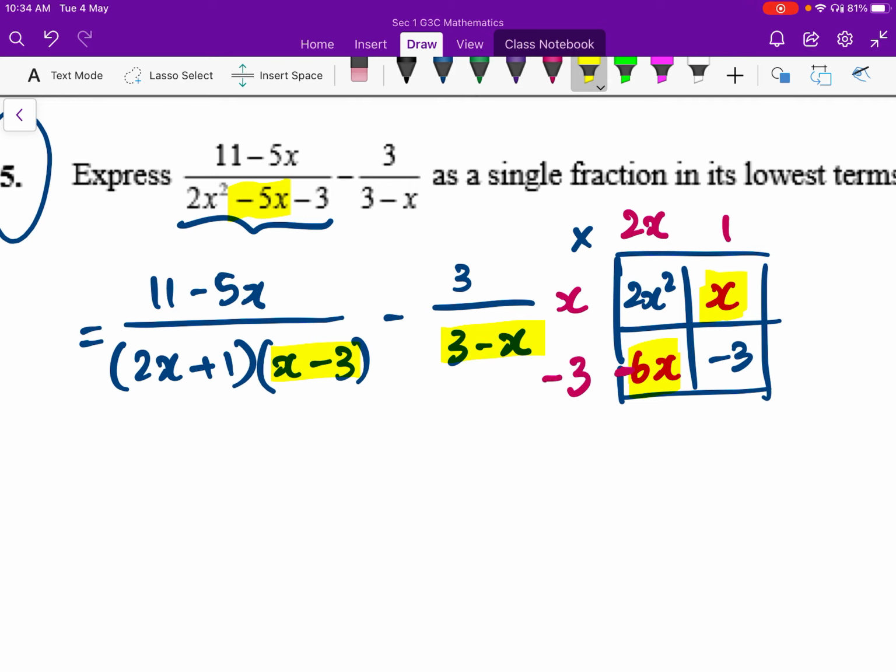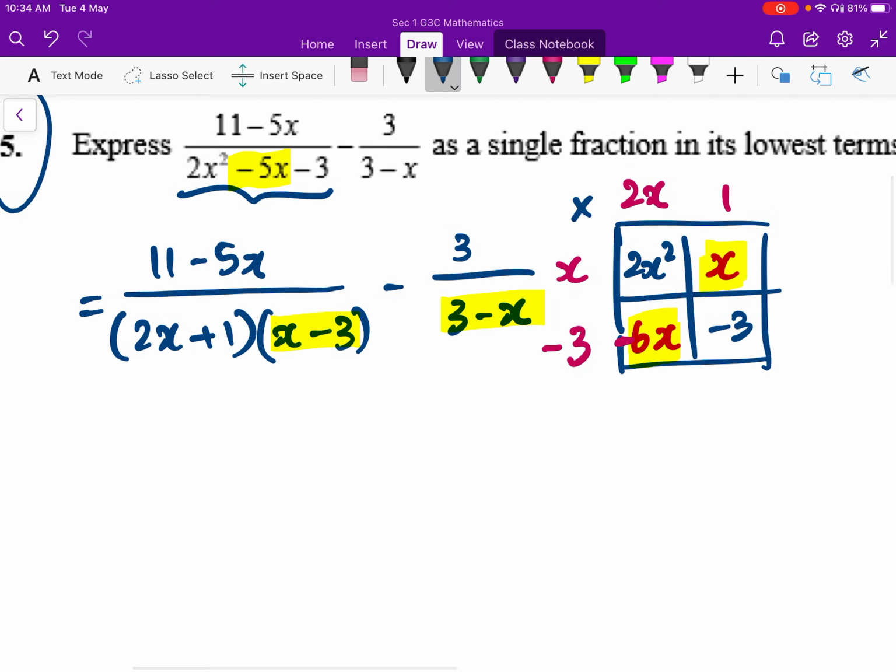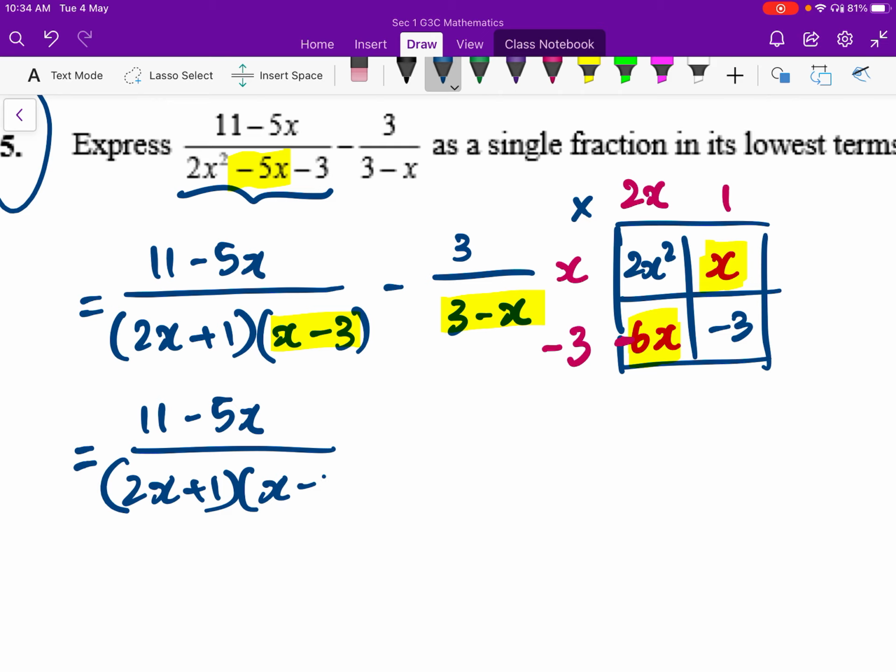Now we bring back what we learned in Sec 1. In order to make the 3 minus x become x minus 3, not difficult. Just copy the left hand side first, 11 minus 5x over 2x plus 1, x minus 3. We're going to start changing 3 minus x to become x minus 3. The first step, we switch this sign, from minus to plus.